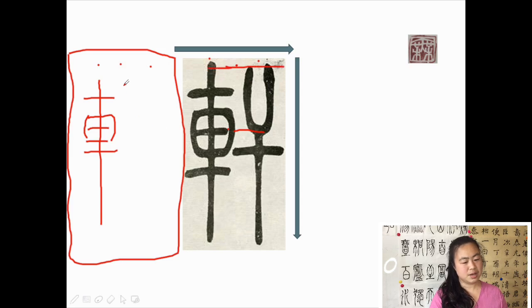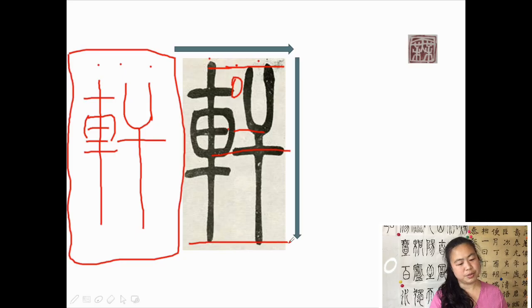So pay attention to it. There is some small space here, and then this line is the same level here. So here, and then the last line is here, and they are at the same level.